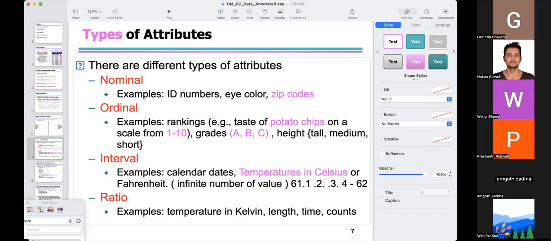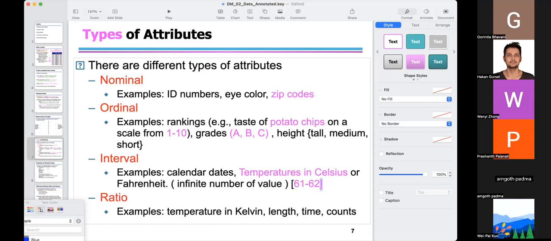We don't want to record all of that stuff because we don't have infinite amount of memory in the computer. So we need to create an interval. That is, we're only gonna record the temperature between 61 and 62. So we're gonna say the temperature was from 61 to 62. We don't care what happens in between those two numbers.